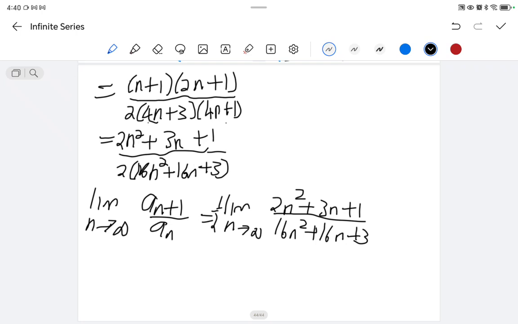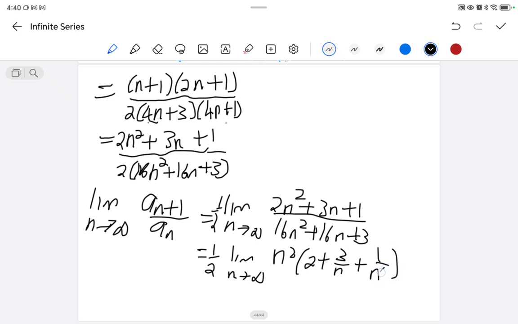And this will be 1 over 2. The limit of this, if I take out n squared, I have n squared times 2 plus 3 over n plus 1 over n squared, all over n squared times 16 plus 16 over n plus 3 over n squared.